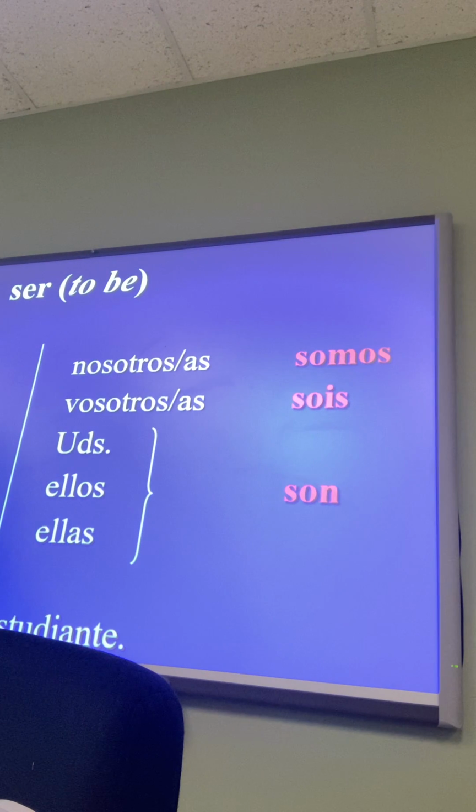Now, most verbs in español will change their form and their spelling depending on the subject of the sentence. Okay? Verbs in English do not do that generally. The verb to be is the exception in English.